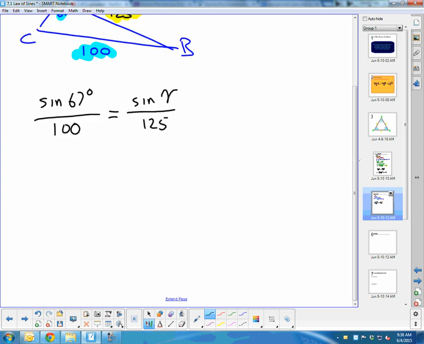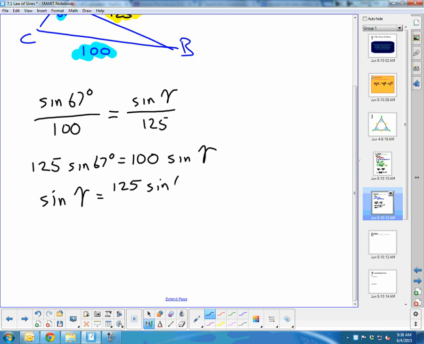But before I get there, a little bit of algebra: 125 sine of 67 degrees equals 100 sine gamma, so that sine of gamma equals 125 sine 67 degrees over 100.